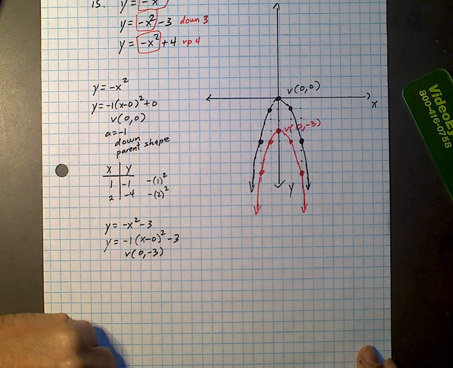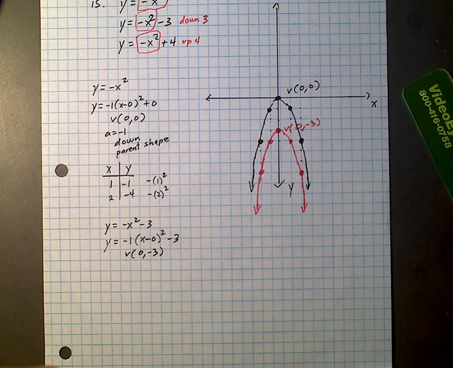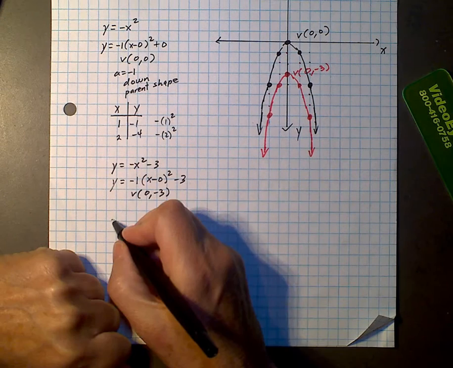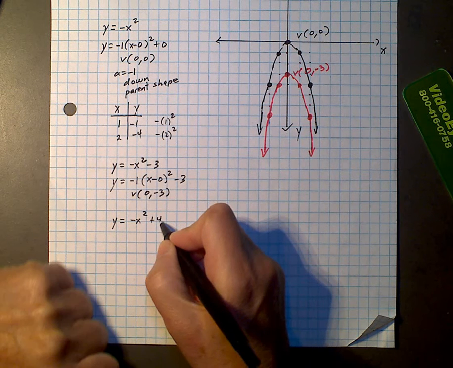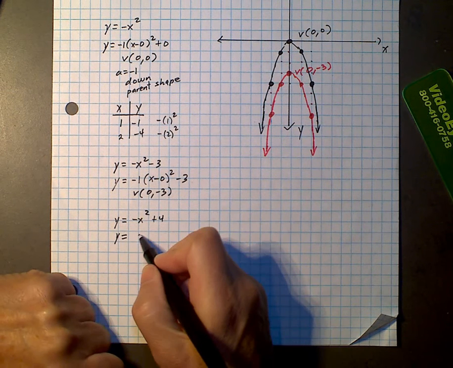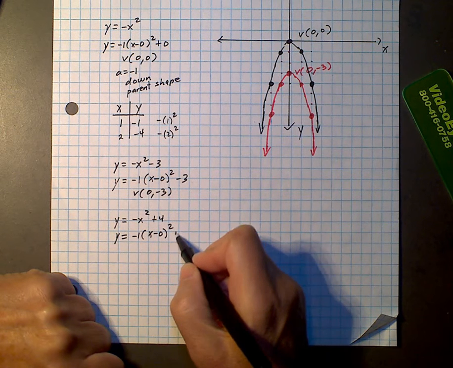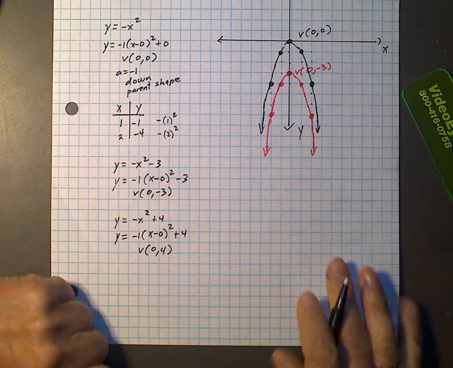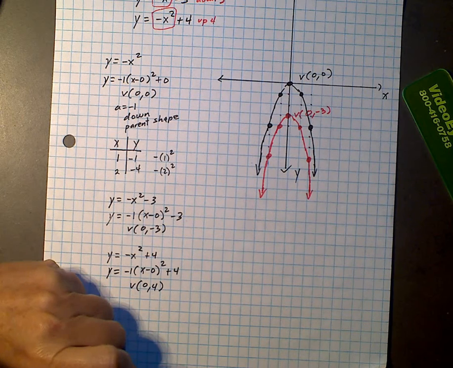by 3. Now, on this last one, this goes up by 4. So if I go back and I look at that, which you'll get used to, y equals negative x squared plus 4, and I expand that out into vertex form, a is negative 1, this is x minus 0 squared plus 4. So you can see that the vertex is at 0, 4. I'll do that one in red also, I guess.